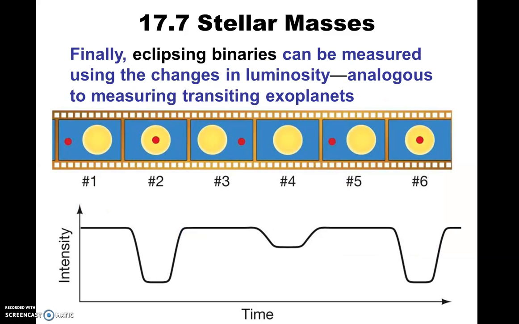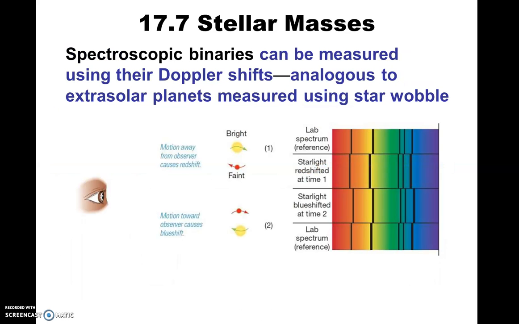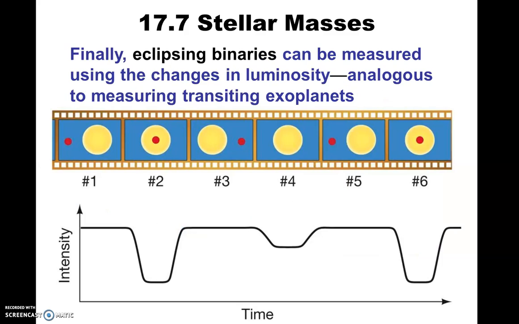But there are people who work on this kind of thing, so you can try to figure out what the angle is. There's another way of doing that with what are called eclipsing binaries.